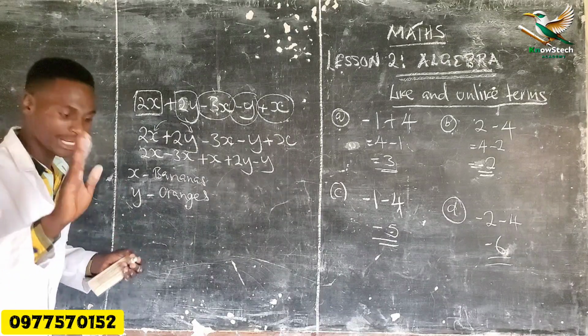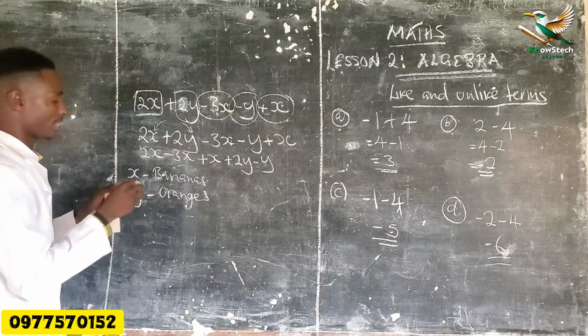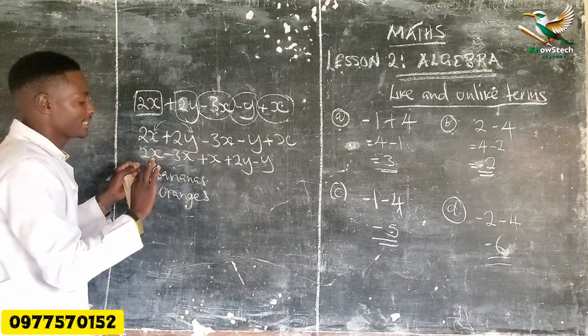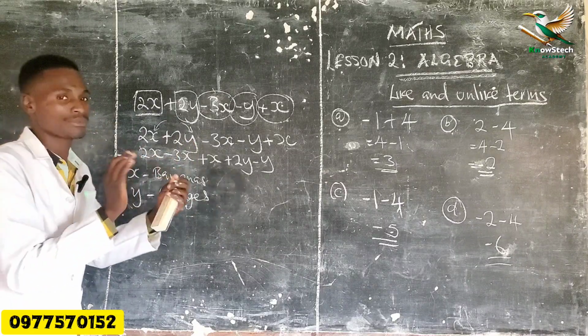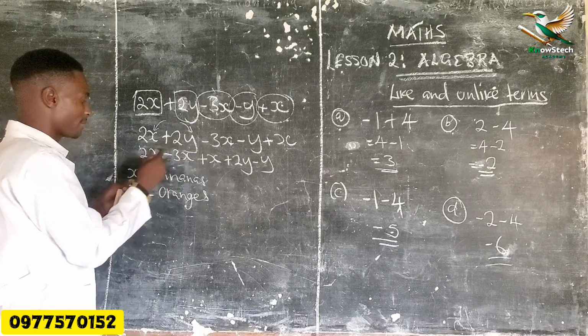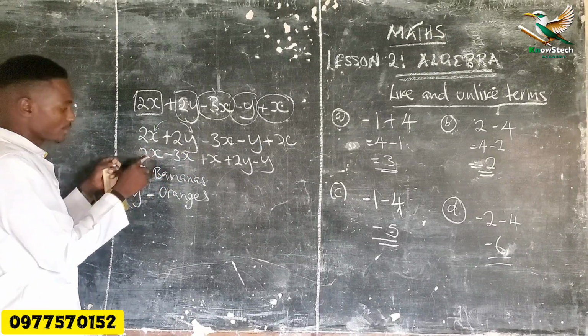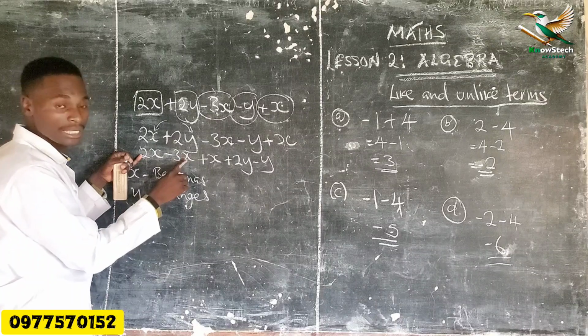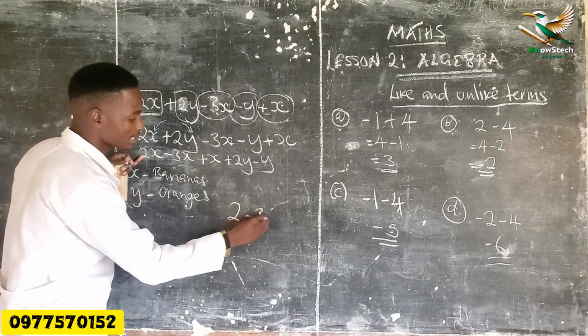Now, when it comes to algebra, when it comes to identifying like and unlike terms, we use variables, but when it comes to calculations, we use numbers in front of a letter. So here, in other words, it is 2 minus 3. What is 2 minus 3?